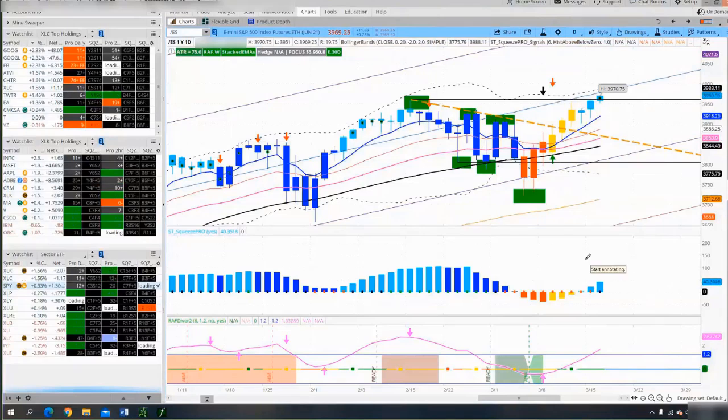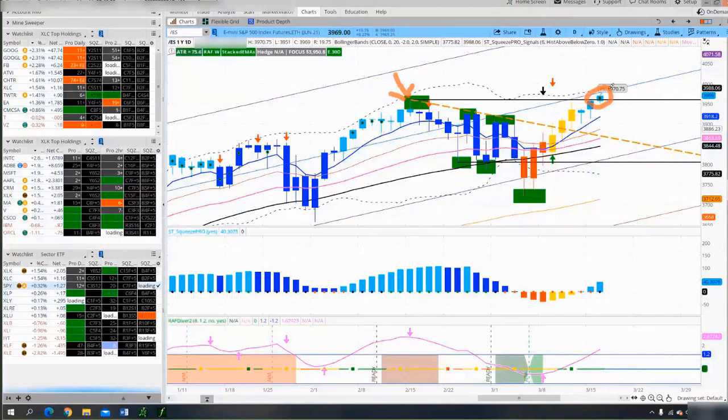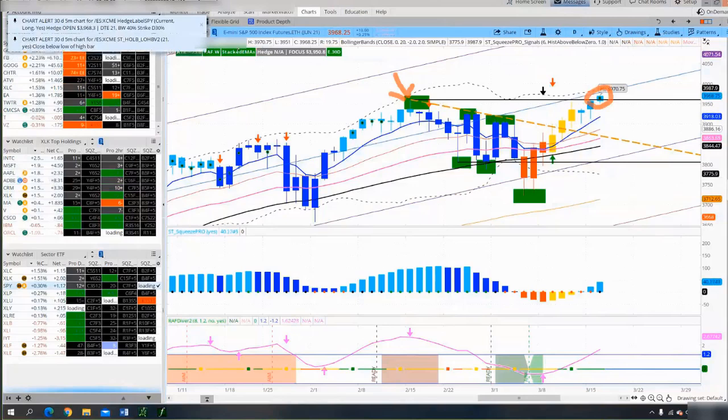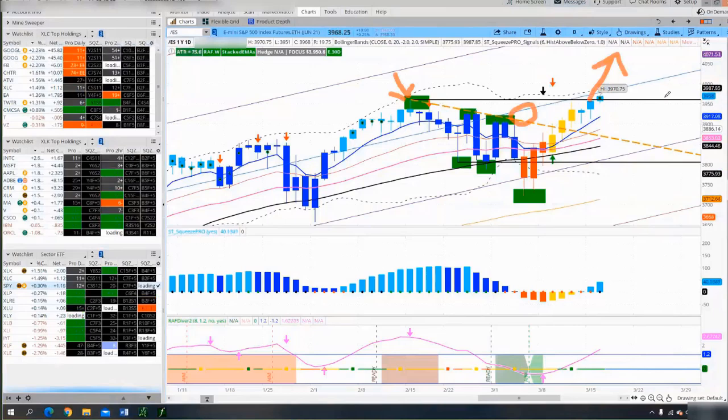For example, since the market is at resistance, we need to align our strategy with what the market's doing. So right now, when I look at this, I think to myself, okay, the market can break out and run for a couple days.